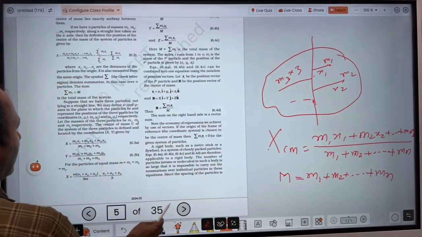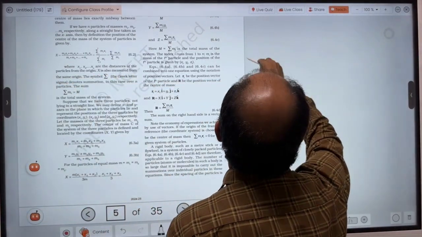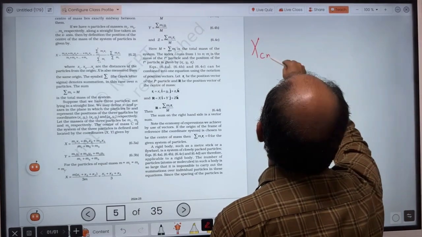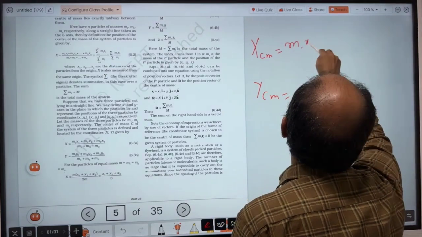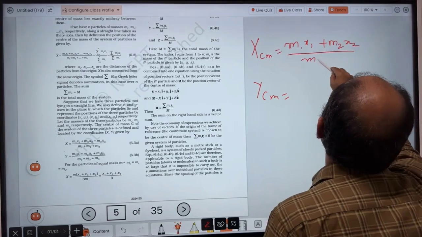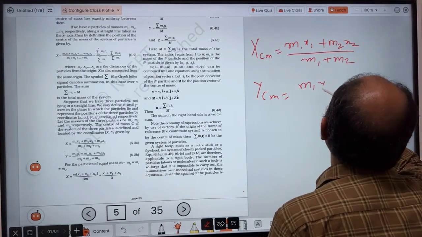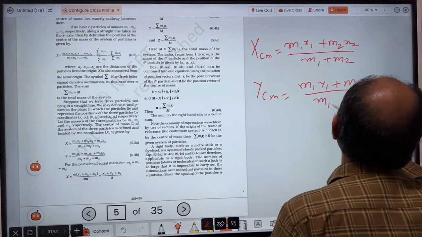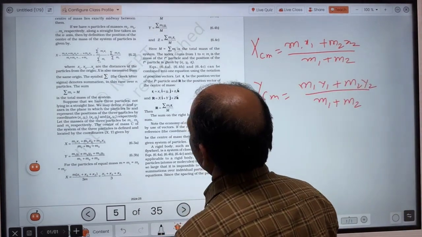So in case of a two-body system, suppose the x, y coordinates of R_cm are to be found. In that case, we can find x_cm and y_cm. x_cm is m1 x1 plus m2 x2 divided by m1 plus m2. Similarly, y_cm is m1 y1 plus m2 y2 divided by m1 plus m2. If it is 3D, in that case z_cm can also be found.